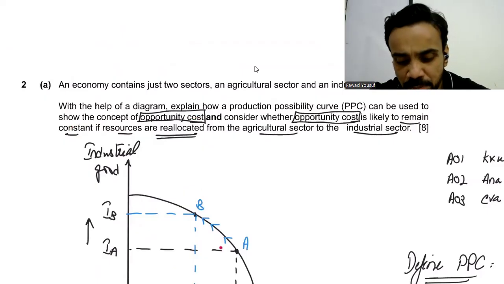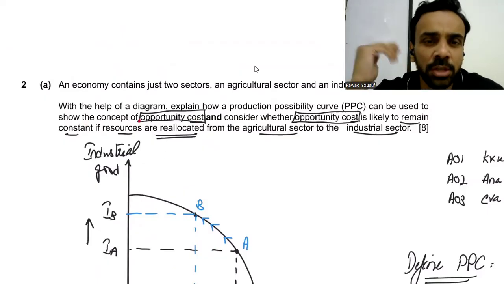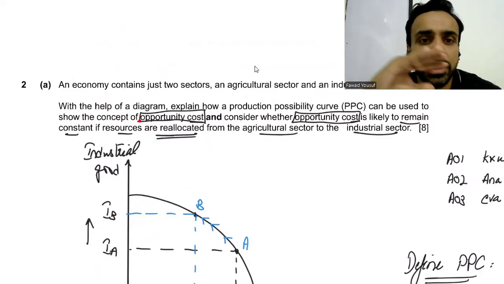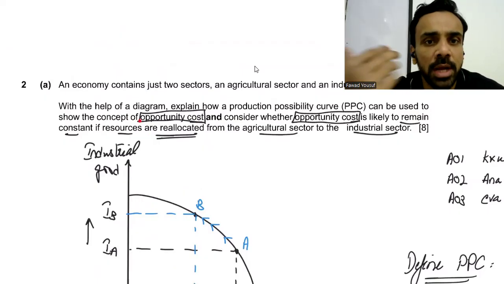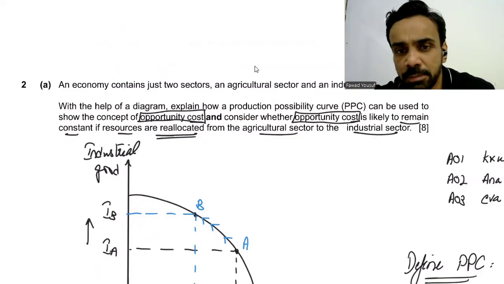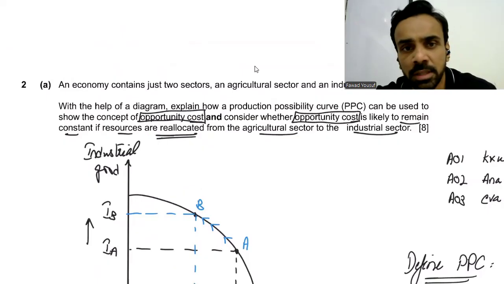So this is plentiful. अगर वो कहते show the concept of increasing opportunity cost, तो that's where I had to show कि ज्यादा sacrifice हो रहा है कि कम sacrifice हो रहा है, तो diagram wise that is what I could have done. The word sacrifice is perfectly acceptable, no problem. Foregone, no problem. Giving up, everything works.